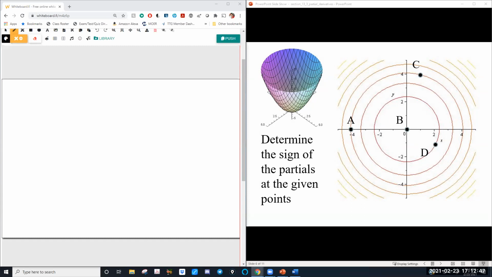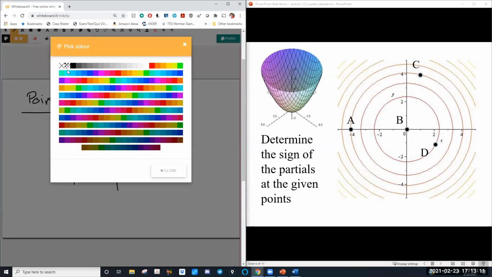This is a nice exercise to get us starting to think in terms of partial derivatives. So we'll make a little table here. We'll have the points, and then we're going to determine the sign of f sub x and the sign of f sub y.